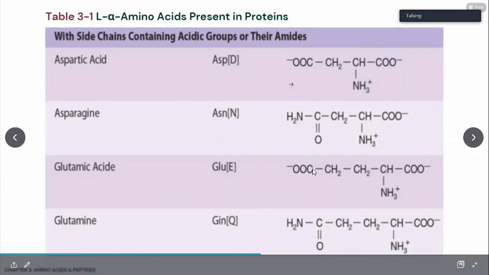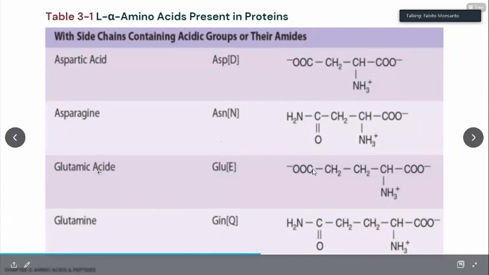One of the oxygens is removed, and one of the ammonia hydrogens reacts with it. So it forms water as a result, and you have this amide. And the amide of aspartic acid is asparagine.